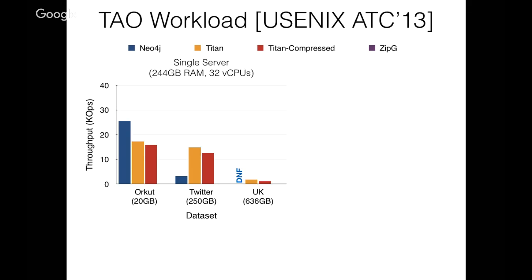Now, if you use compression for Titan, the performance degrades even further, and this is because the queries now additionally have to decompress compressed blocks to obtain the results. And finally, ZipG achieves the highest performance across all of these systems, and more importantly, it observes the lowest degradation as the graph size increases, and this is mainly because of its ability to execute queries directly on a compressed representation of the graph without requiring any decompression at all.